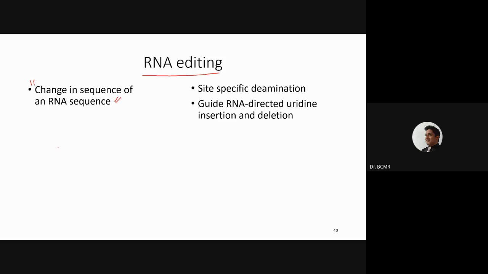In splicing also, the sequence is changed, mostly by insertion and deletion, and it's mostly about deletion of the introns. In RNA editing, it is about changing the sequence, and if you're changing the sequence, then that will translate to a change in protein sequence.